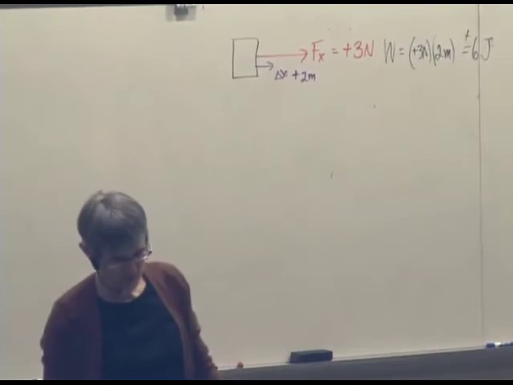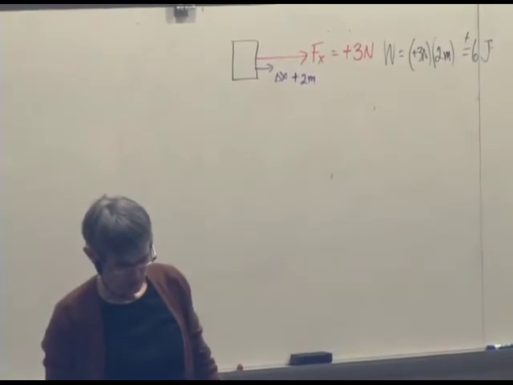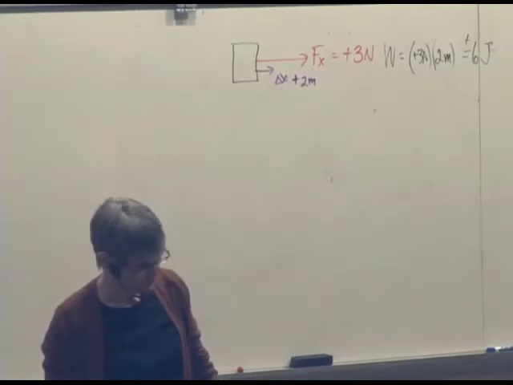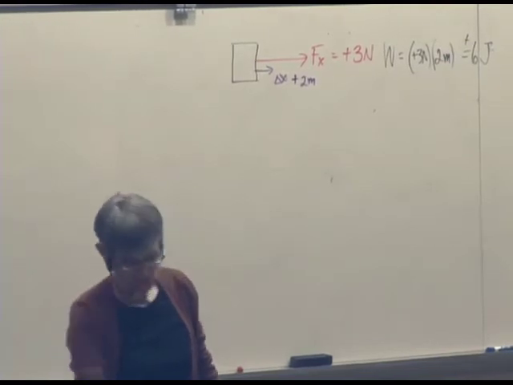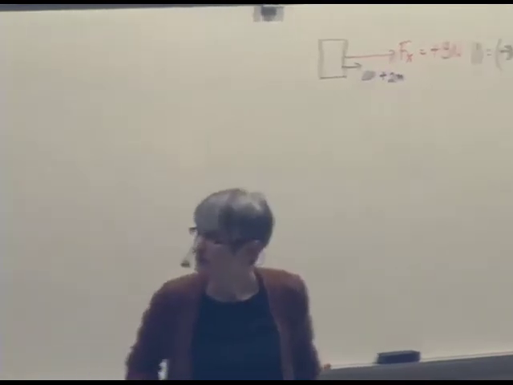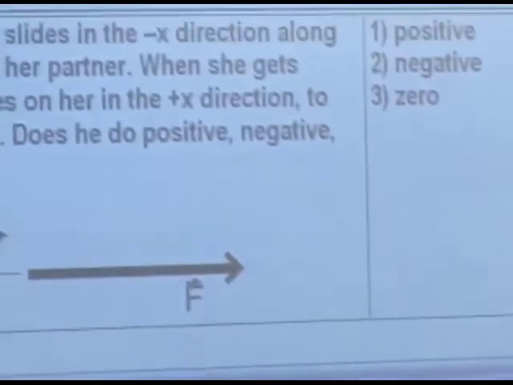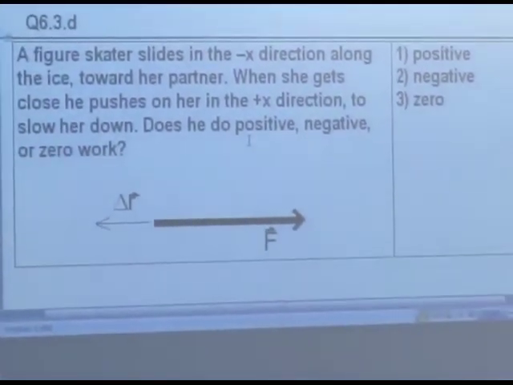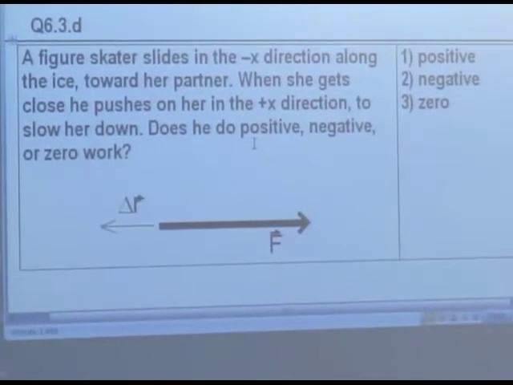So let's look at some other situations. And one way to consider these other situations is to think, if you're confused, think about numerical examples. So we've just been watching a lot of figure skating on television. So we have a figure skater sliding in the plus x direction along the ice toward her partner.